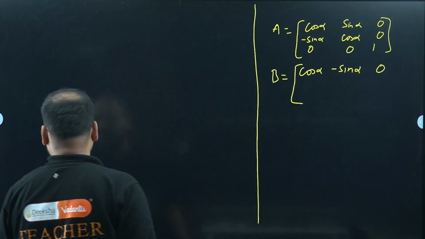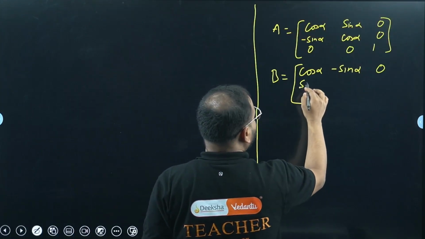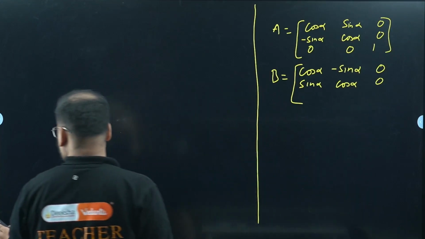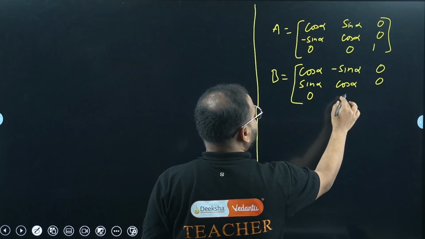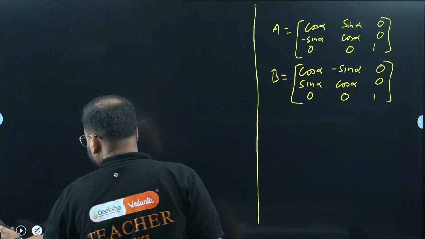B is cos minus sine 0, sine cos 0, and 0, 0, 1. No problem.